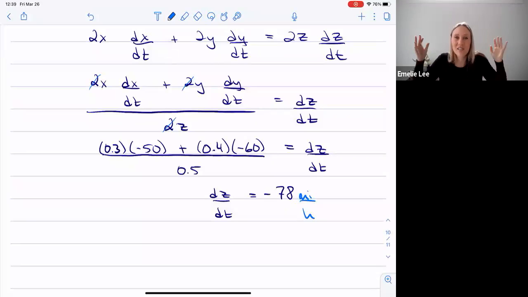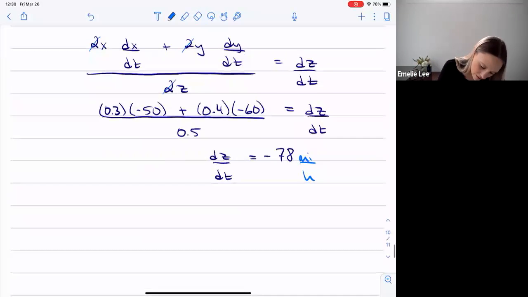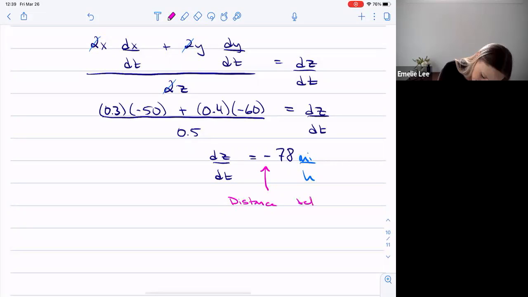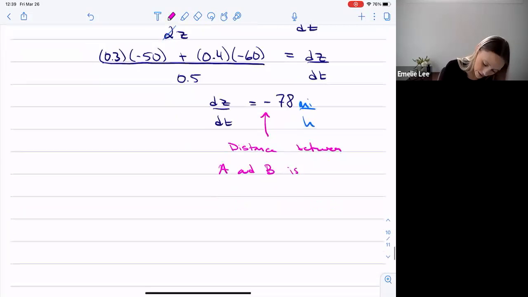That's all I'm asking for, that kind of mental check of, does it being positive make sense? No, it doesn't. I must have mucked it up somewhere, right? But I'm happy with that. So here, I'll just highlight that the distance between A and B is decreasing.